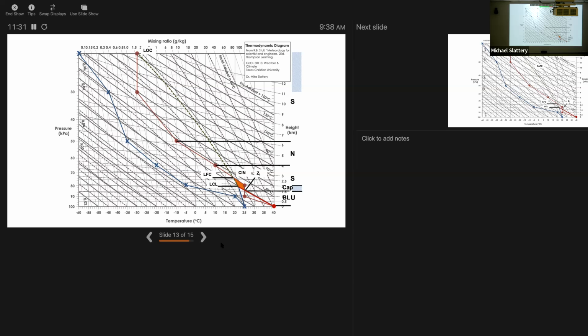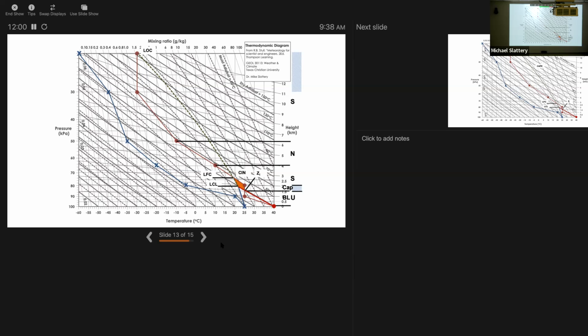Now, if, let me get a red one. So yeah, that's a red one. If the ambient environment had done this, it would have been much more simple. So if that was that red dot there, and the next red dot was here, in other words, if the ambient environment had done that, see that? If that was your data point, what would happen?